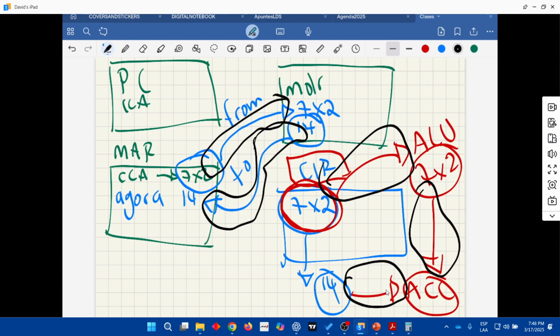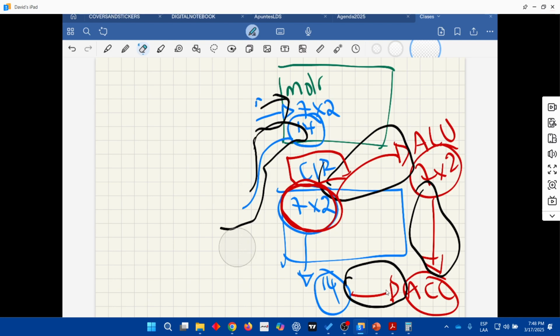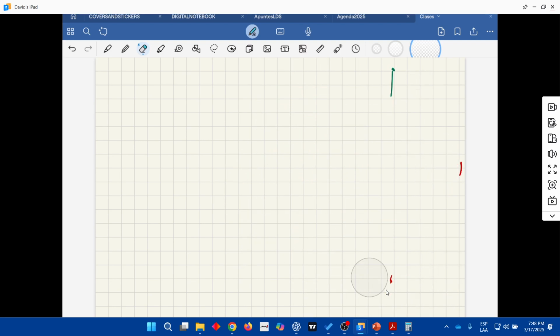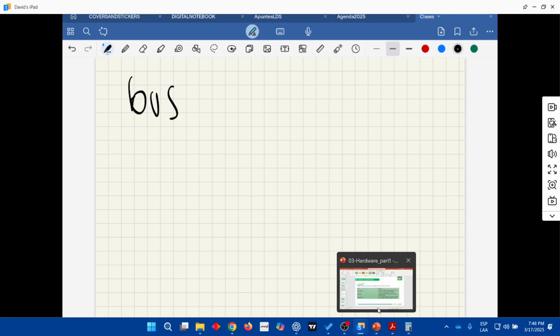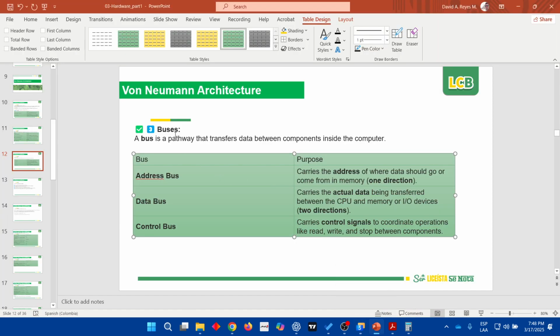For example, if you want to travel from your home to the school, you need to take a school route, or maybe you go in your father's car, or maybe you take an Uber or a taxi. So that transportation is called buses. Okay, so this is what we are going to start talking about.